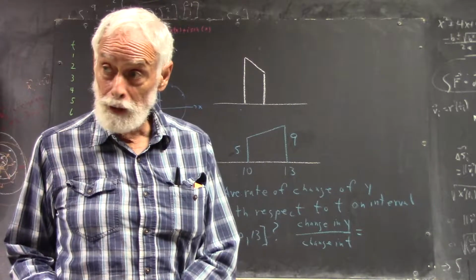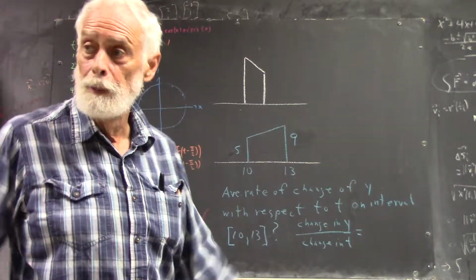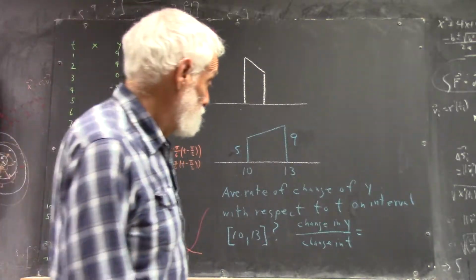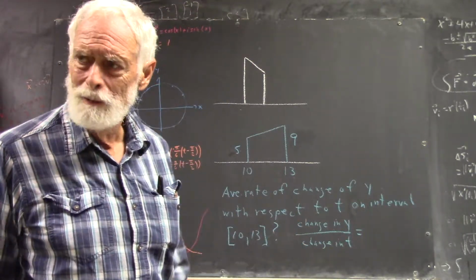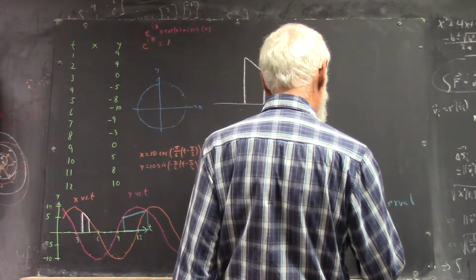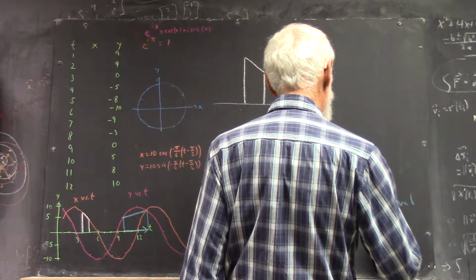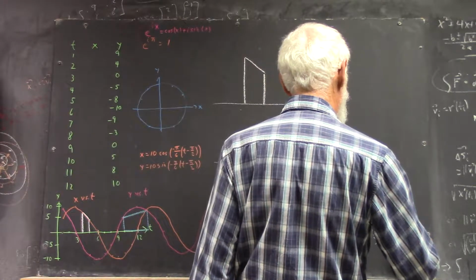The change of the first thing you say divided by the change of the second thing. Because sometimes you can't tell what's independent and what's dependent, and it doesn't always even have to be independent and dependent, but in most applications it is. So that's 9 minus 5, which is 4, over 13 minus 10, which is 4/3.